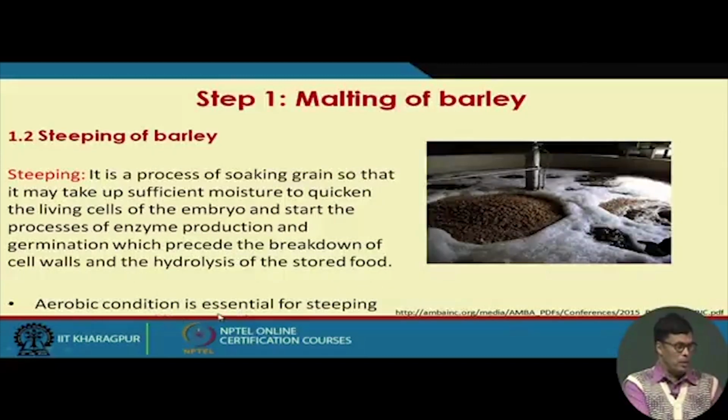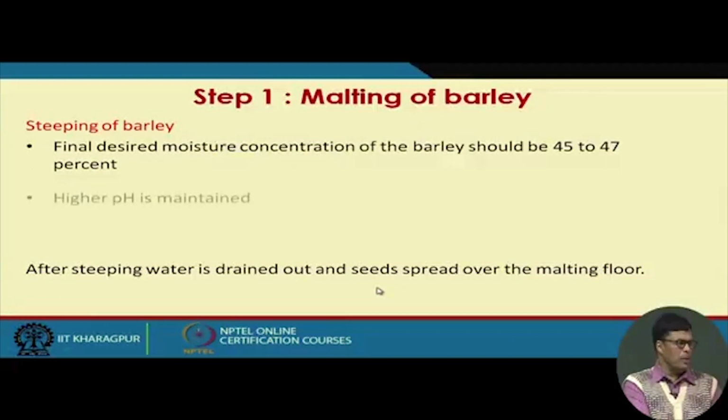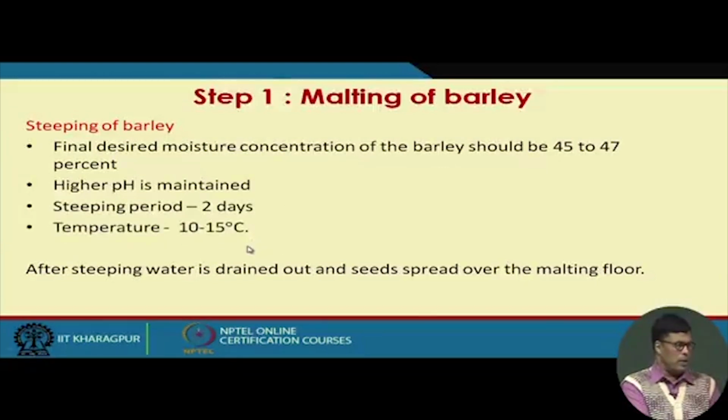This is done in aerobic conditions. After the steeping process, the desired moisture concentration of the barley grains should be 45 to 47%. A higher pH is maintained, the steeping period is usually 2 days, and the temperature we maintain is 10 to 15 degrees centigrade.